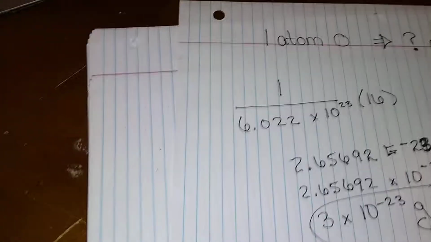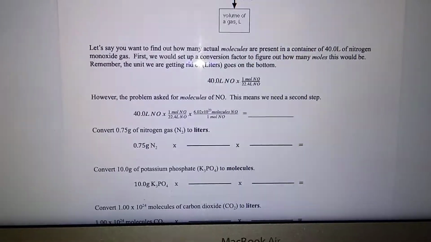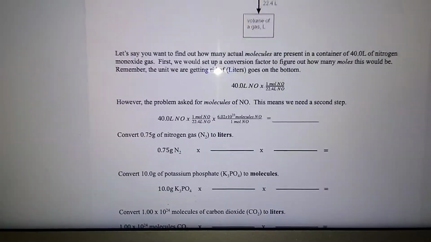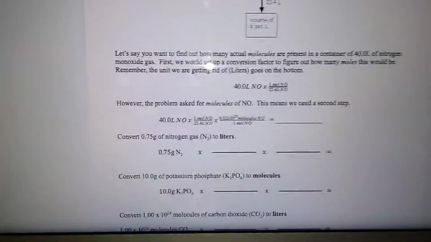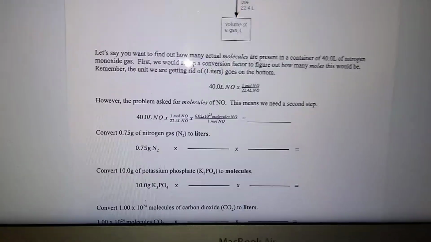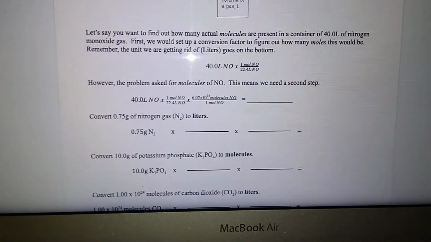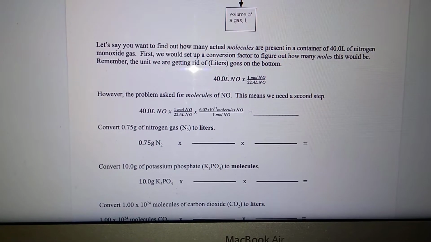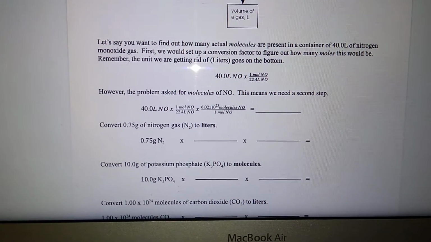The next one I want to talk about, because his example is actually more in depth, is the one on the sheet that's attached to your lesson for today.